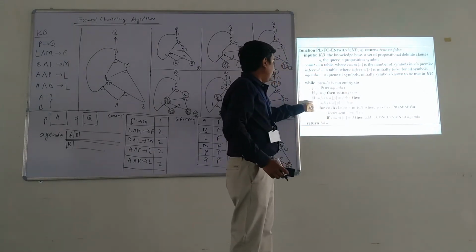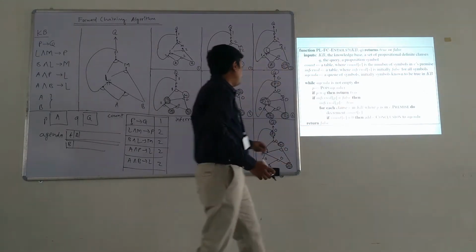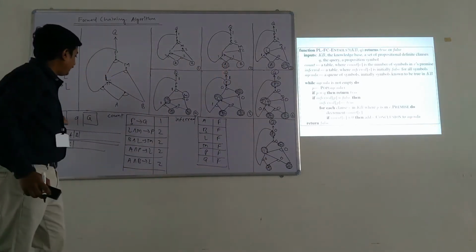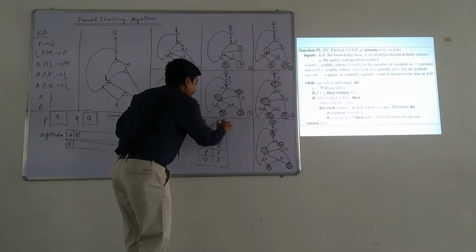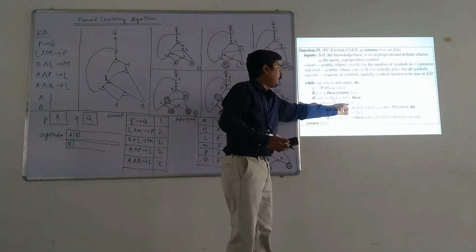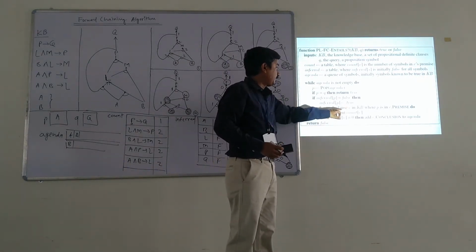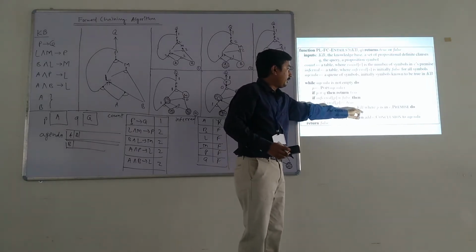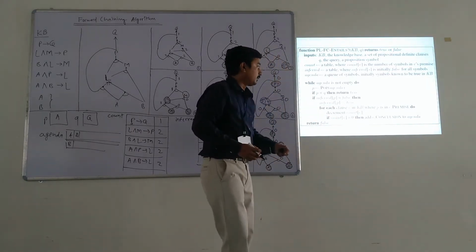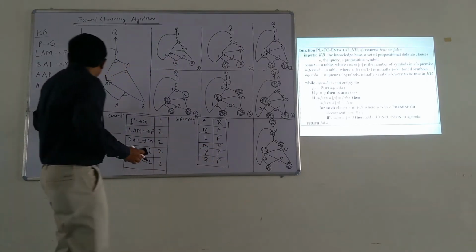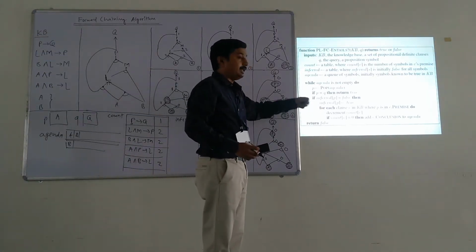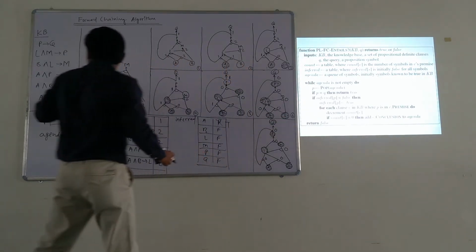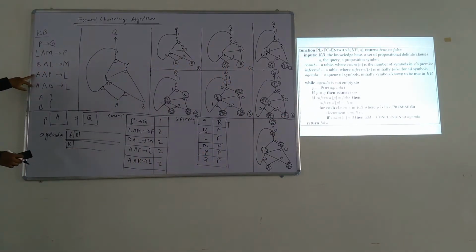Then if inferred P is false, so inferred A is false, then make it true. Then for each clause C in KB where P is in the premises. What is P? It is A. So for each clause where A is in the premises, these two clauses have A in their premises.